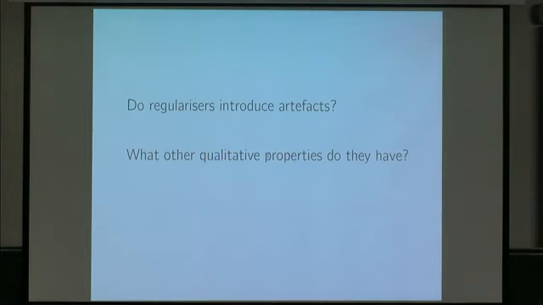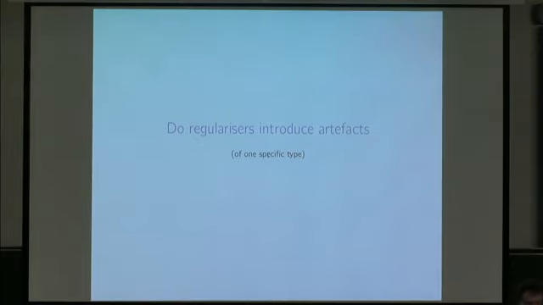And otherwise as well, what kind of other distortions they might introduce. So these are the kind of questions I will be looking into a little bit in this talk, mainly analytically. And I will start with the artifact question.